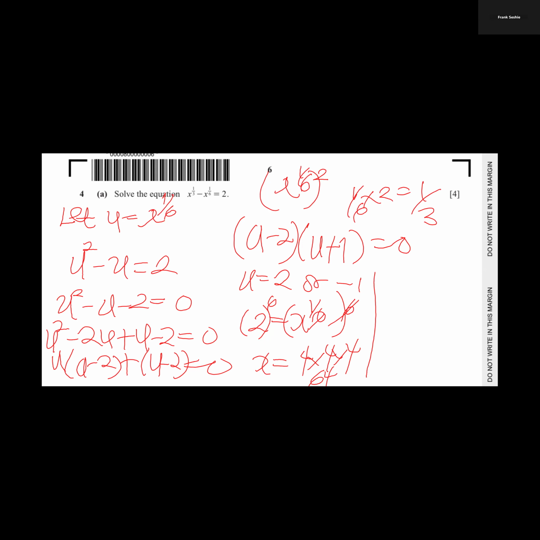Then the next one, if you use negative 1, so negative 1 is x exponent 1/6. So exponent 6 of both sides will make us have x, and negative 1 exponent 6 is 1. So x is 64, or x is 1.